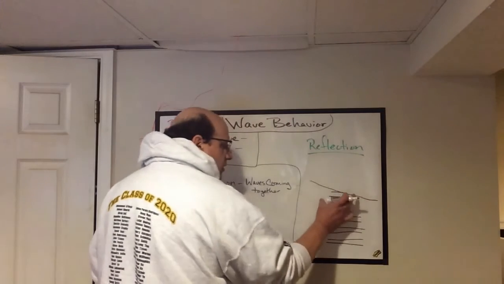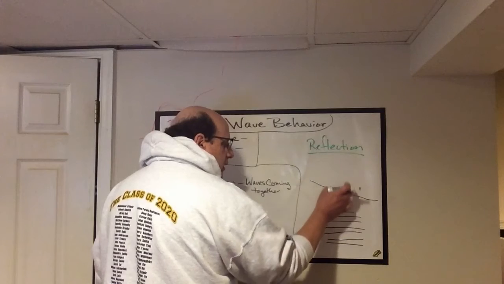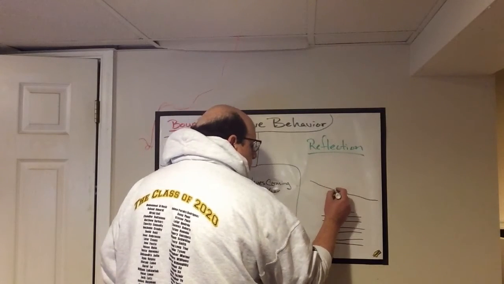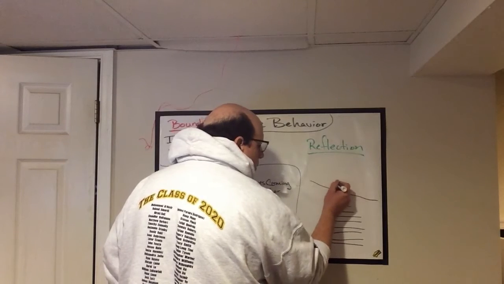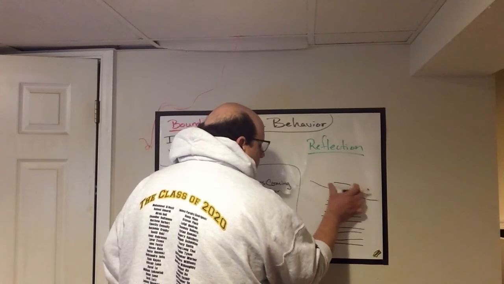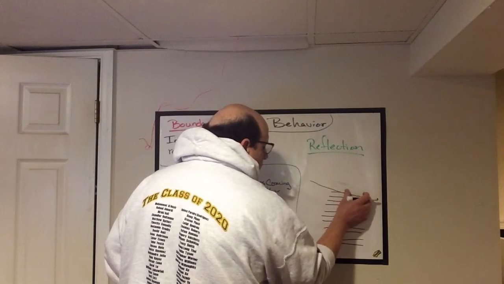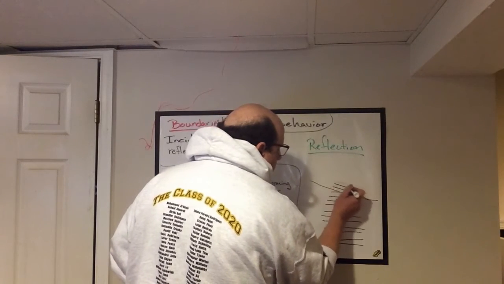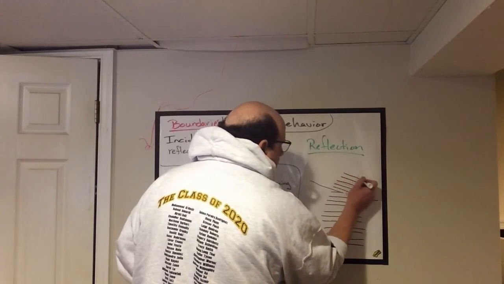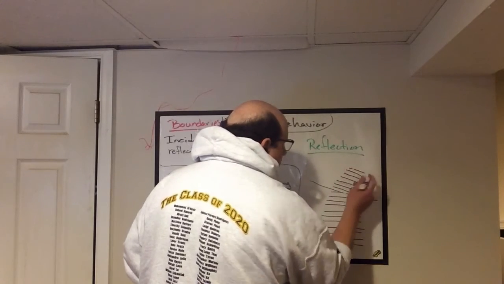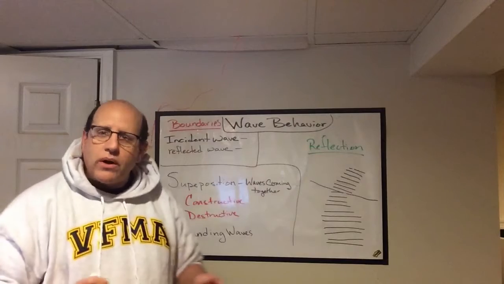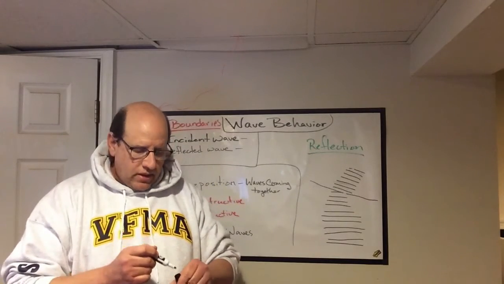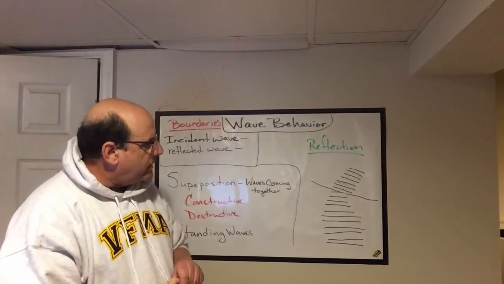This is it getting closer to the shoreline and speeding up so that the wavelength isn't as big, but then it starts to turn along with the shoreline. I didn't do that very well either, did I? So now the wave's headed in this direction if it's off at an angle, but not quite as wide, not quite as big. So that's sort of the idea of waves and how they react to certain things.